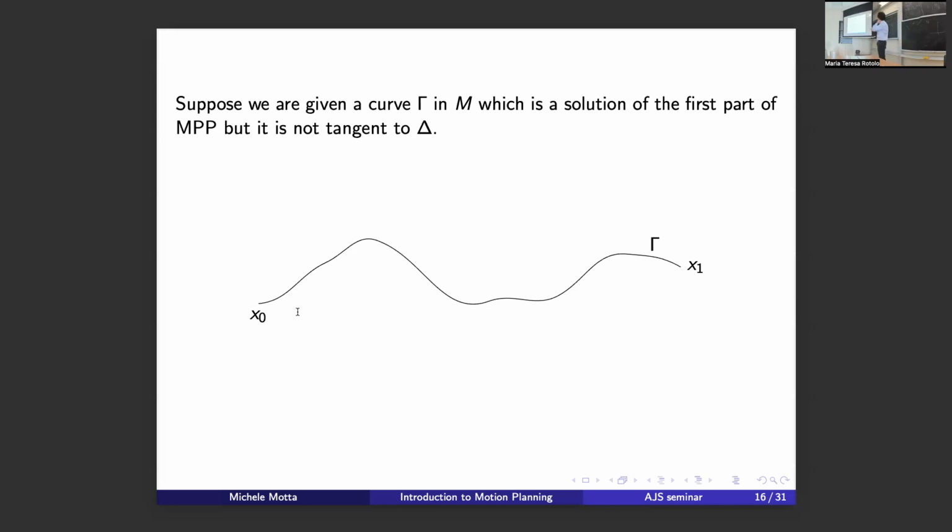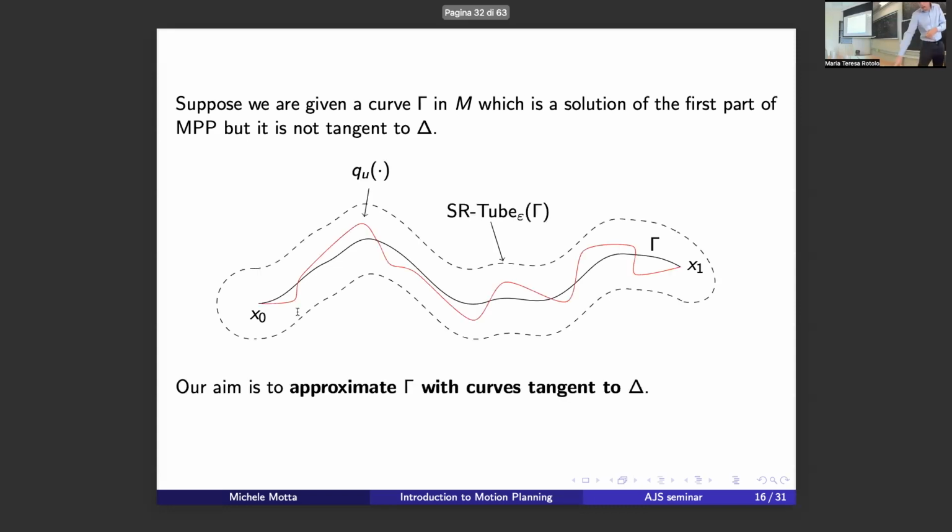So we know that we can go from a point to another following a certain curve, but this curve in general will not be admissible. And so if, for instance, this curve was avoiding some obstacles, we want to move close to this given curve. And so we use the Riemannian distance.